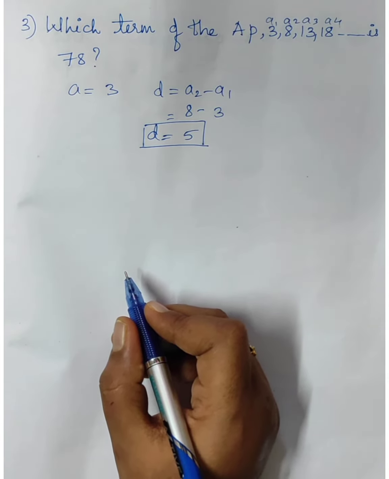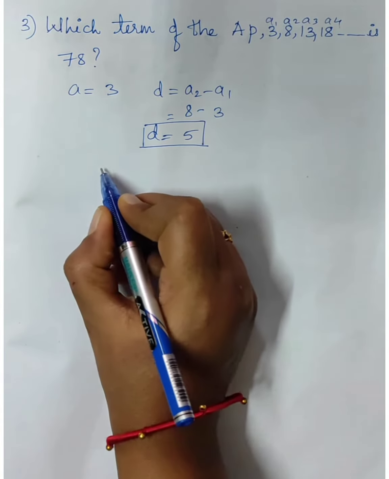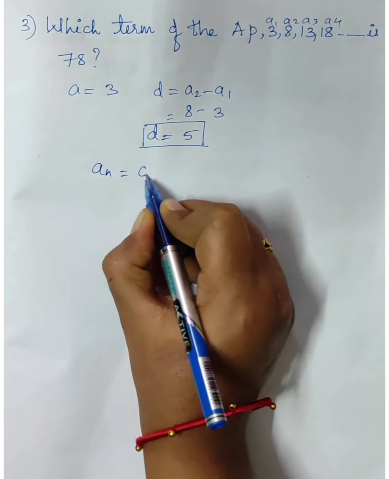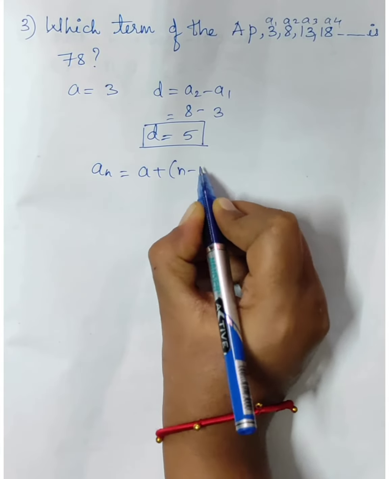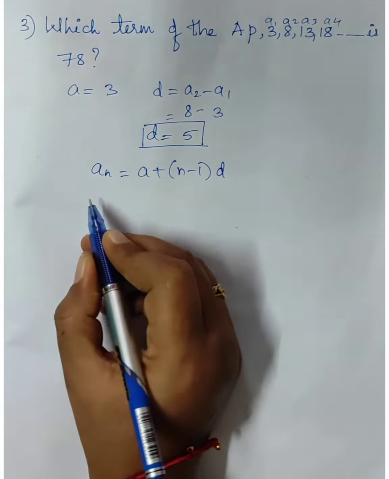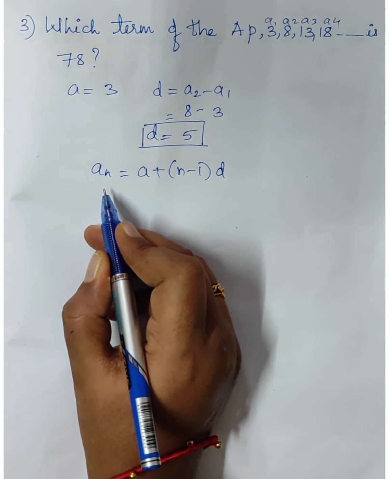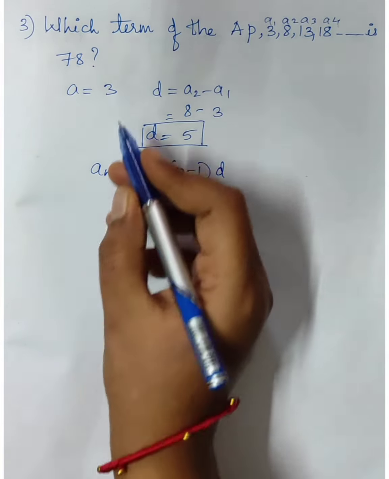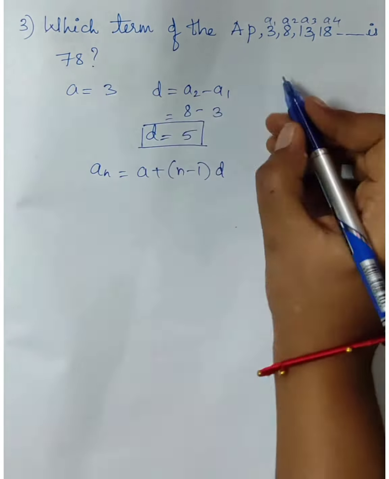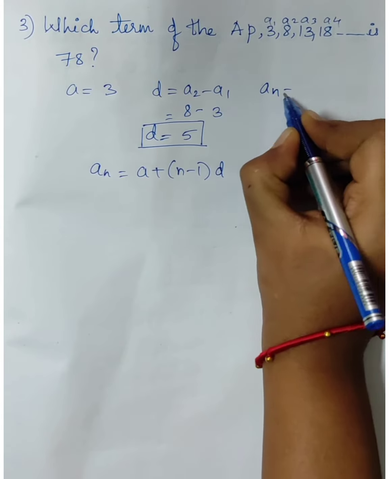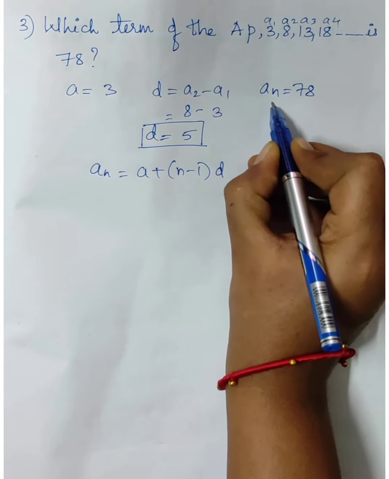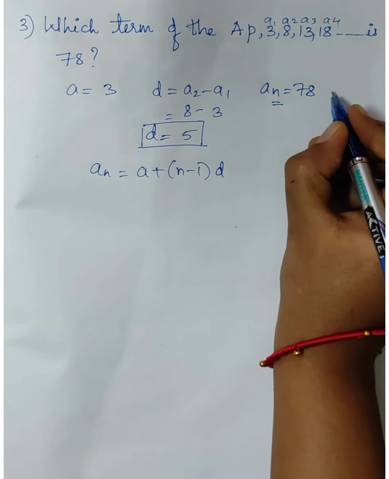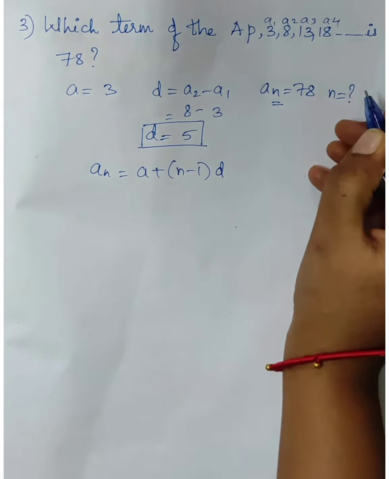Now next, substitute into the formula: an is equal to a plus n minus 1 into D. Now what is the an value? An value is 78, but we don't know n, so we need to find n.